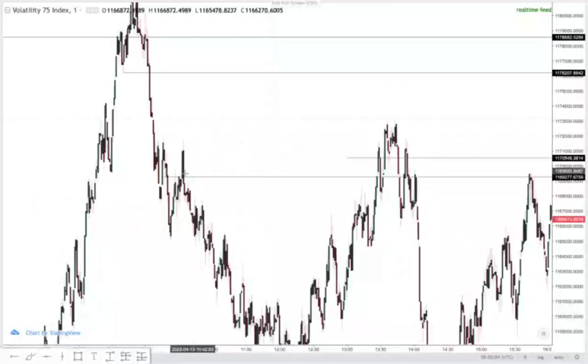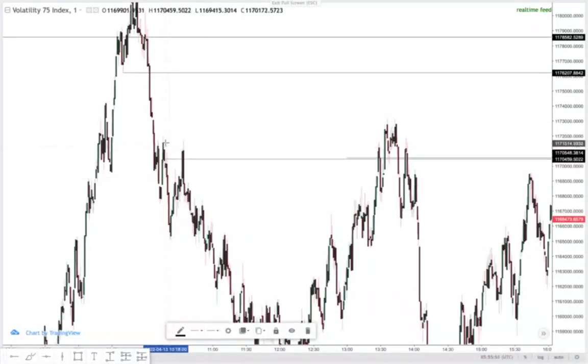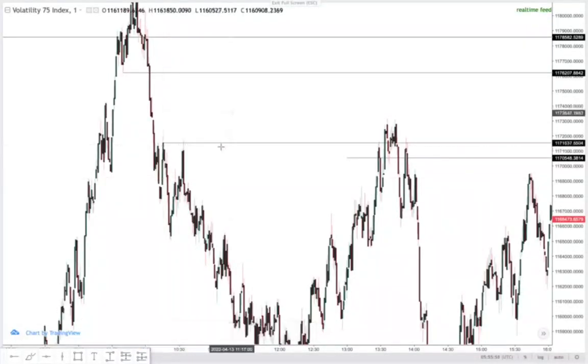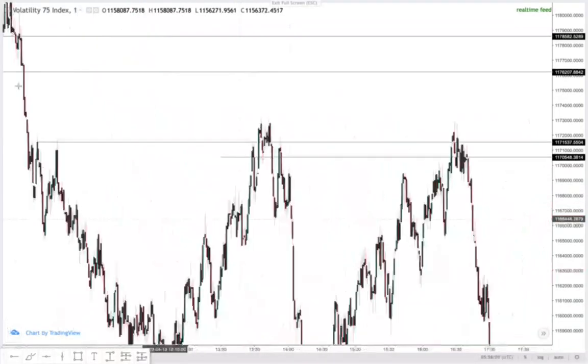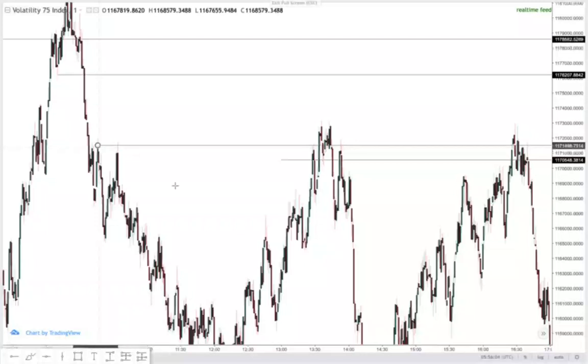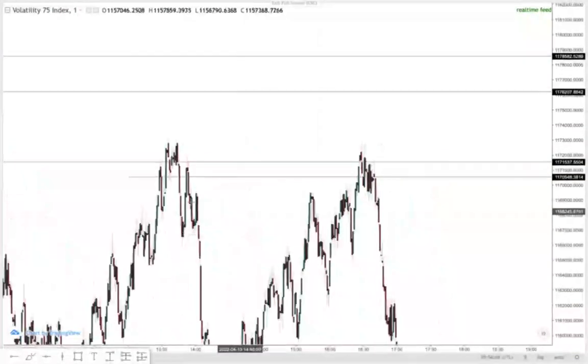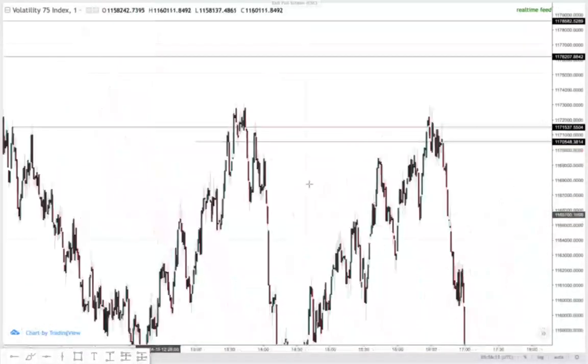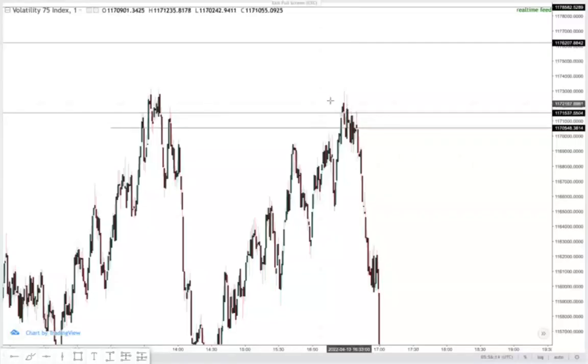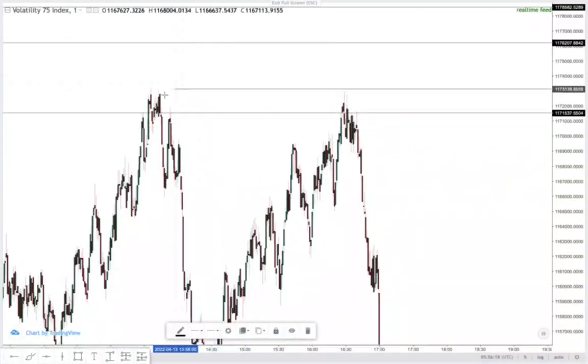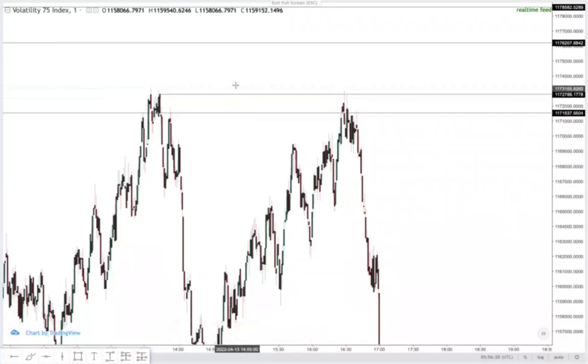In this time frame, we can see that price came to respect this structure right here. So this was the first entry we had, and this was the second entry we had right here. And the second entry was a structure retest.